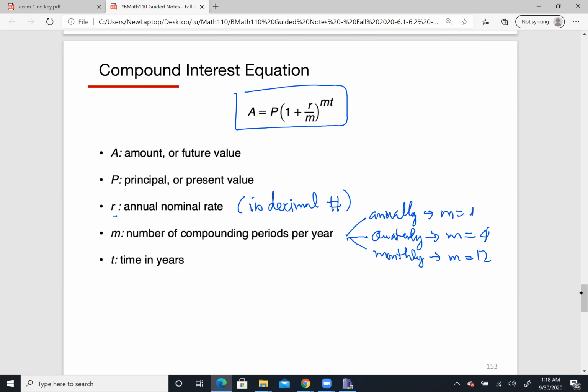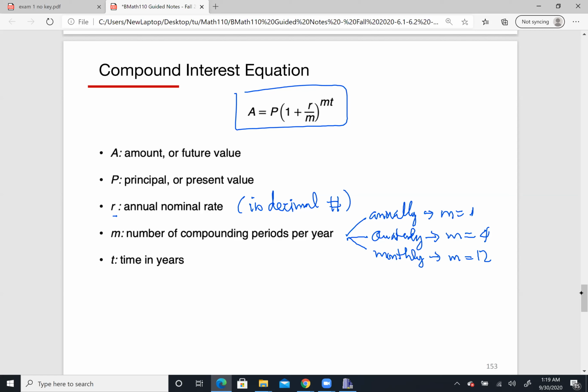It could also be daily, but in that case the question has to tell you whether they define 1 year as 365 or 360 days, so then you can get how many times it's compounding in a year. And t is still the time in years.